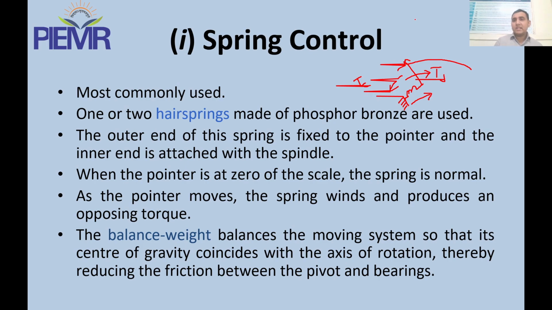Okay, at each and every instant TD is equal to TC. At steady state, TD equals TC. Whenever the deflection torque is 0, the spring moves back to its original position. Okay, the balance of the moving system depends upon gravity, and rotation can be reduced, as well as the friction between pivot and bearing.